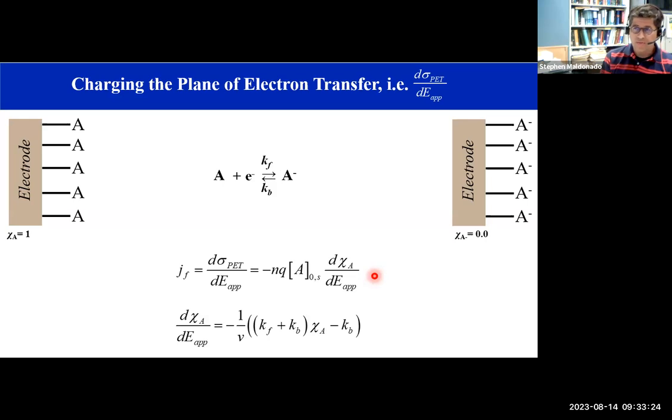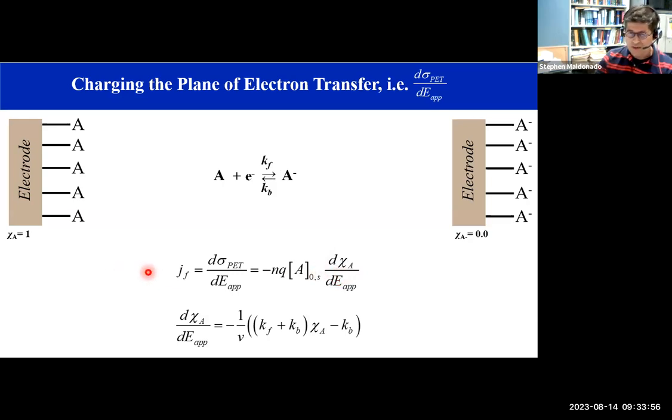If you want to think about what happens in an experiment where you have redox molecules stuck on an electrode that start off in one oxidation state and then convert into a different oxidation state, you can formulate that as a math problem. The current density that you'd measure is related to the change in the fraction of molecules that are in, in this case, the A form, as a function of the applied potential.